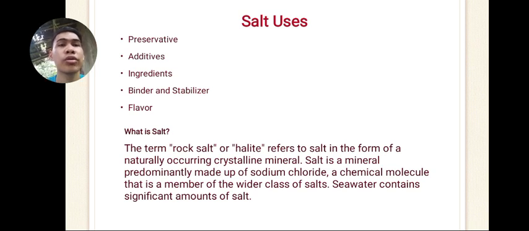Seawater contains significant amounts of salt. As we all know, seawater is the largest body of water where the salt is collected, and it has the most amount of salt contained.